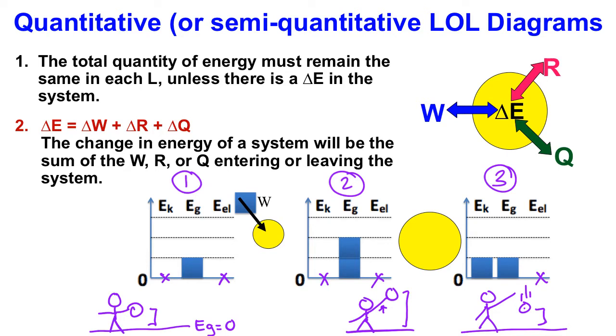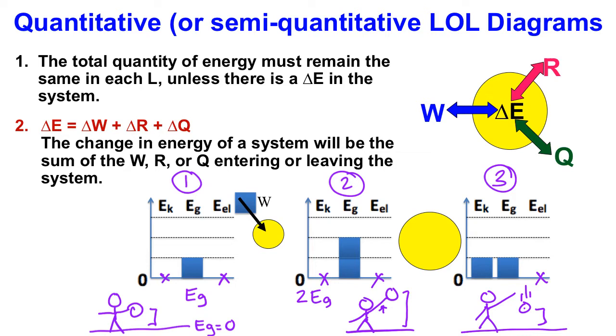Now, as I examine what is going on between these 3 moments in time, I realize a few things. First of all, in moment number 1, I have 1 block of EG. In number 2, I have 2 blocks of gravitational energy. Well, wait a second.